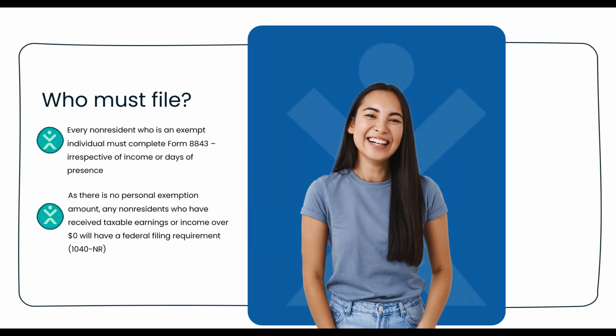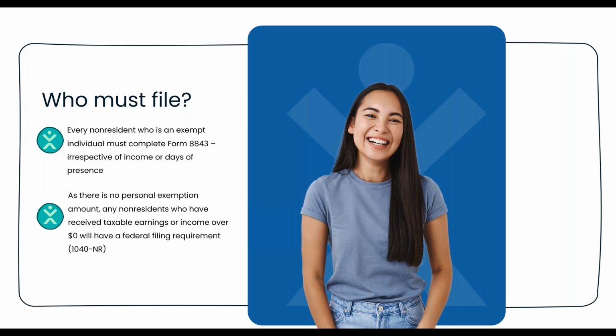So next then, we're looking at who must file. Really important to be aware that every non-resident who's an exempt individual must complete at least Form 8843, irrespective of income or days of presence. So, everybody listening to this session today, if you've been in the US at all during the calendar year, you will need to submit something when it comes to taxes, the minimum being that Form 8843.